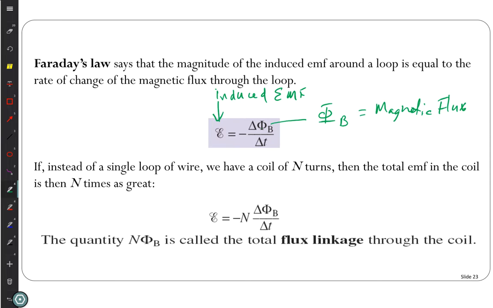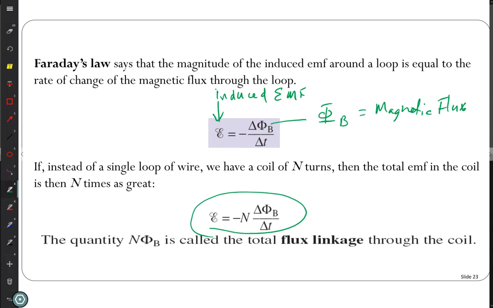It's a little bit different calculation because with Gauss's law, we were doing a closed surface. Then we have divided by time. There's a second equation that is equivalent, but it has a capital N out front. That capital N is saying, well, what if I have multiple loops?